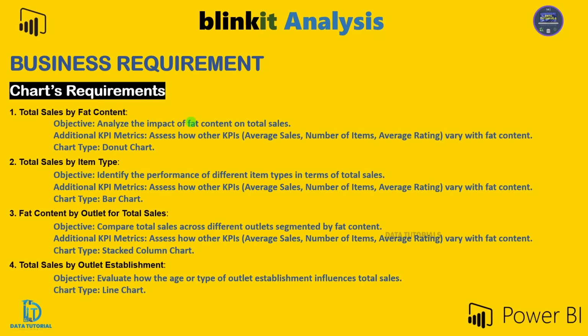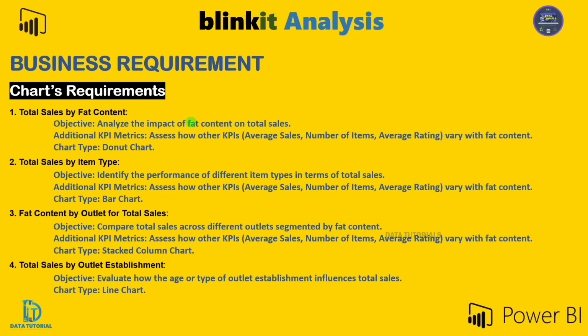Like if you are living in one particular pin code, for that pin code there will be a separate outlet. For another pin code there will be a separate outlet, because Blinkit has a vision that they will be delivering the items within 10 minutes or within 15 minutes. If the outlet is far away from your location, they cannot deliver that. So they have created multiple outlets, right?